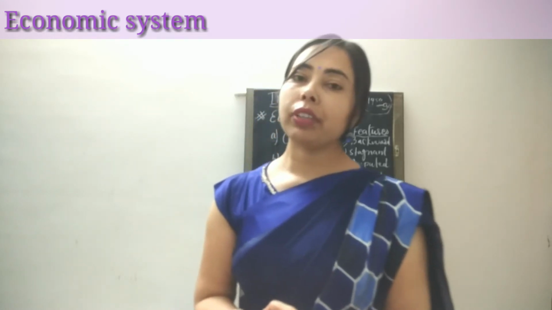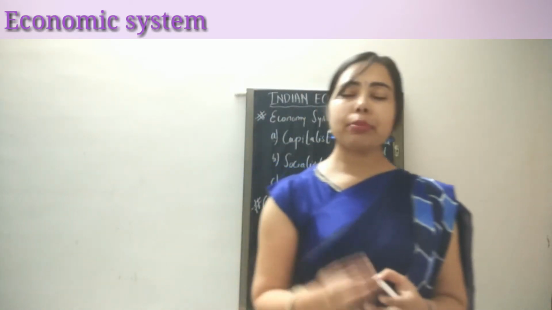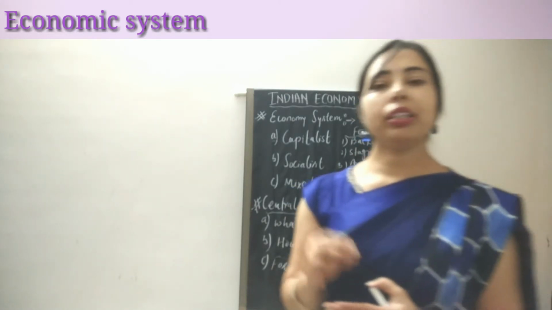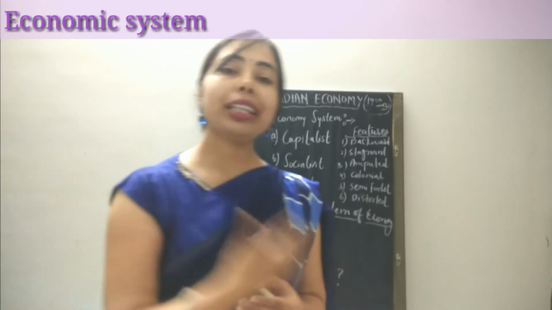The second problem, how to produce. Again, the choice of technique depends on the producer, but most of the time in this type of system the government tries to choose such techniques which help the needy people.